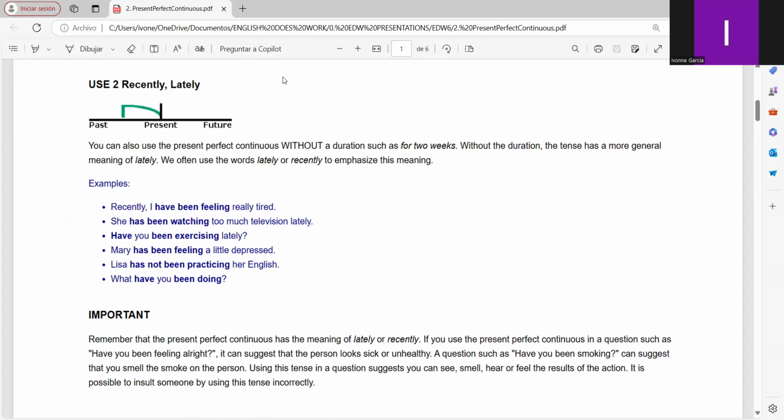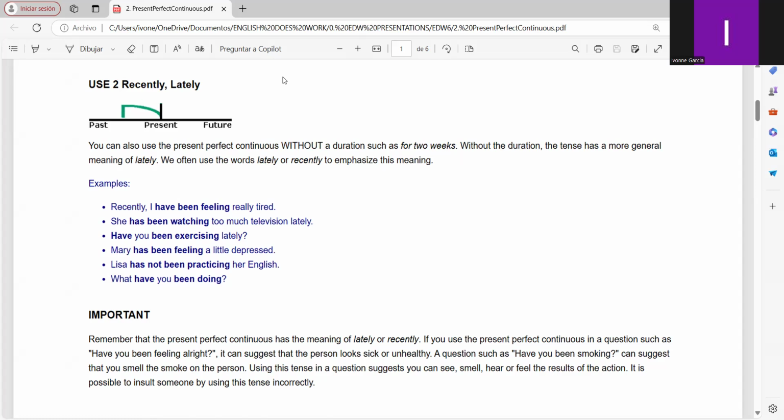If you use the present perfect continuous in a question such as, have you been feeling alright? It can suggest that the person looks sick or unhealthy. A question such as, have you been smoking, can suggest that you smell the smoke on the person.